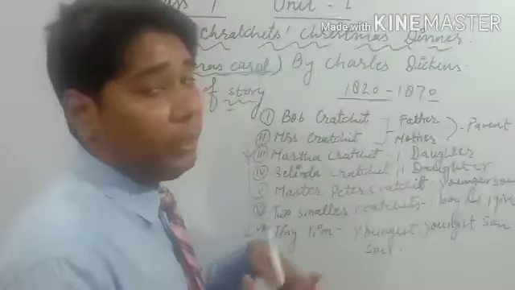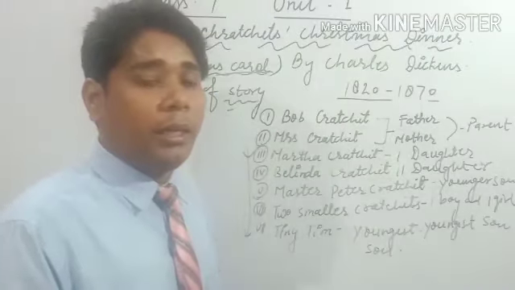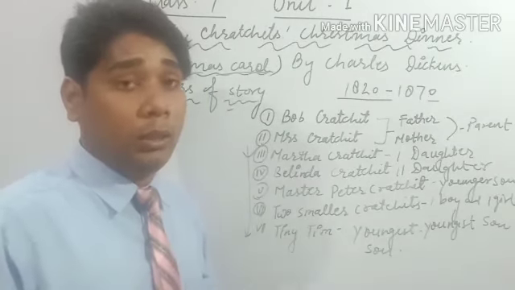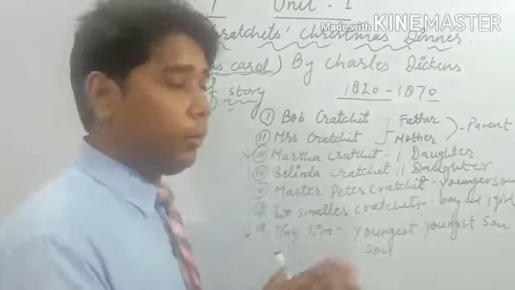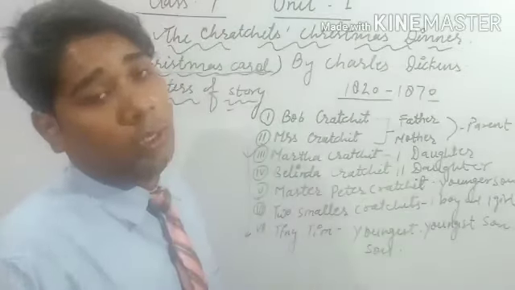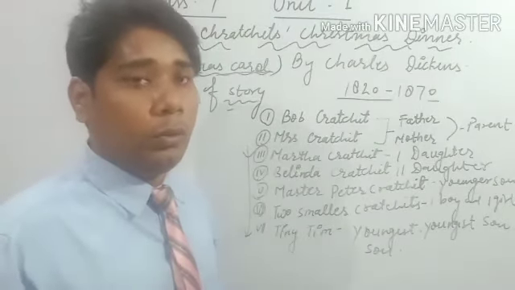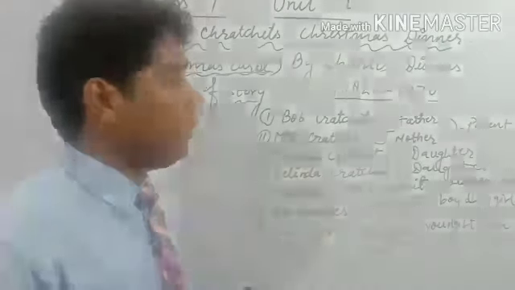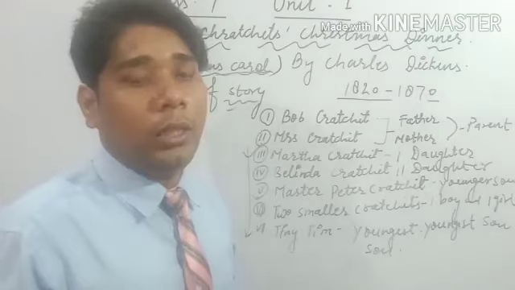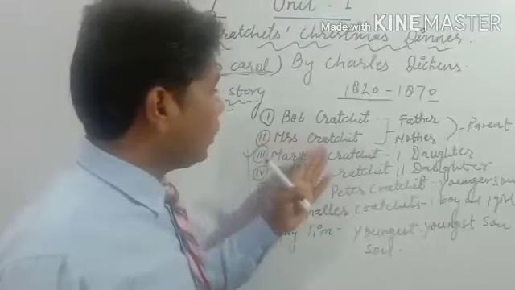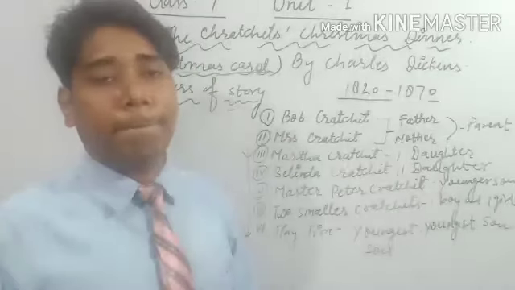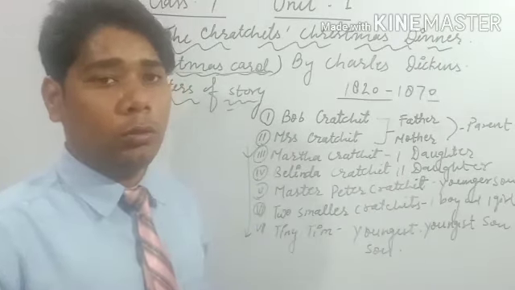Father, Bob, entered the room, and to give her father a surprise, Martha hid herself beside the closet door. When father entered the room, Bob asked, where is my dear Martha? And Mrs. Cratchit said that she had not come up to now.